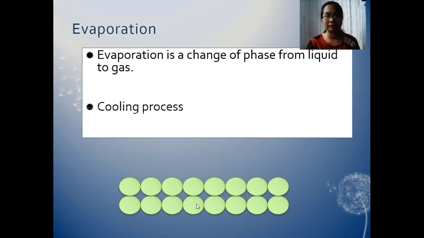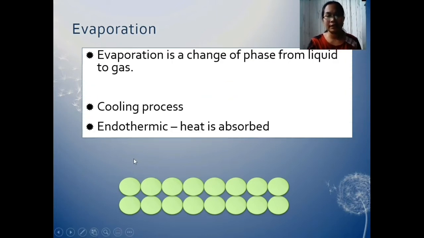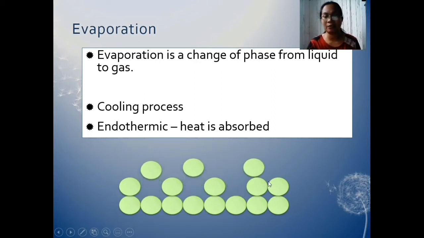So what happens here? Heat is absorbed. Diba? Ito yung skin layer natin. This is the skin layer. And then let's say this one is the liquid layer or yung sweat natin. That first layer will absorb the heat from our skin, because it's an endothermic process, it has to absorb heat so that it will evaporate.